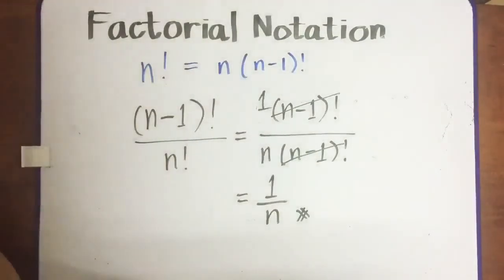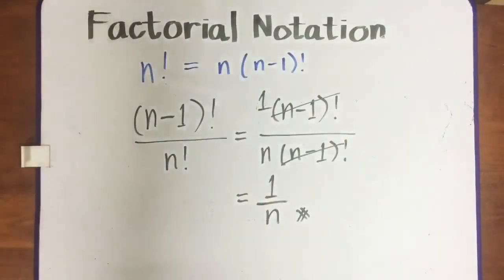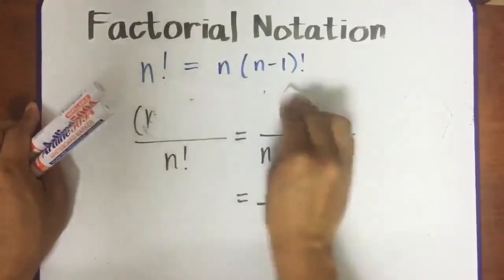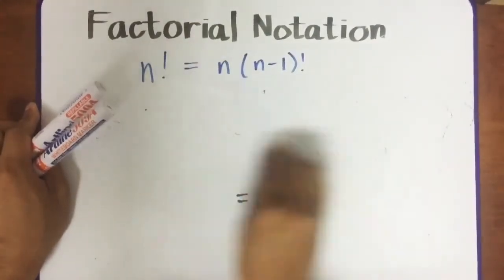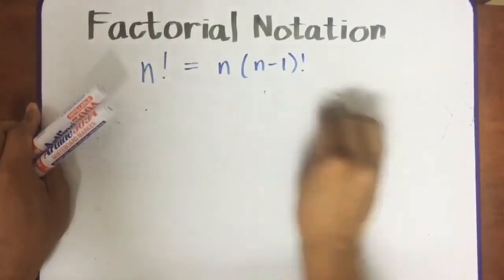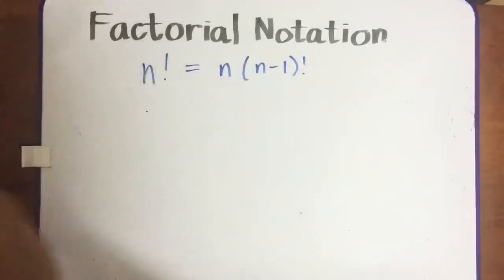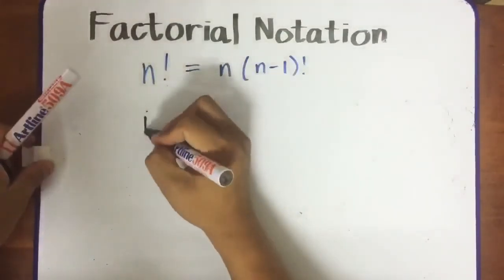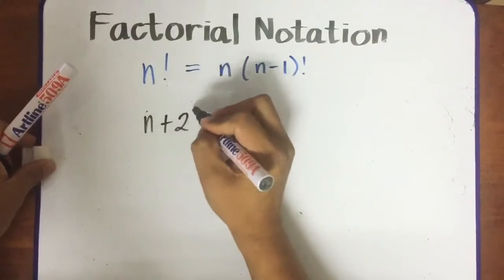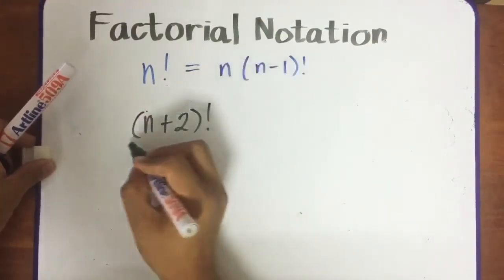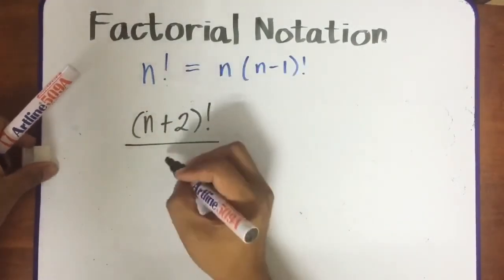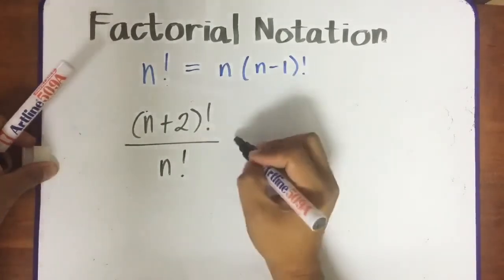Okay, I can give you two more examples. Let's say I'll have n plus 2 factorial divided by n factorial.